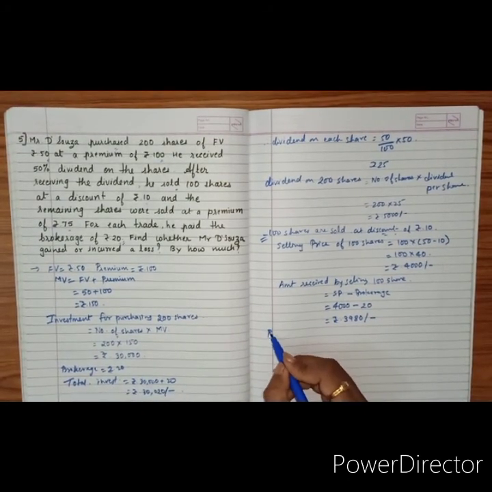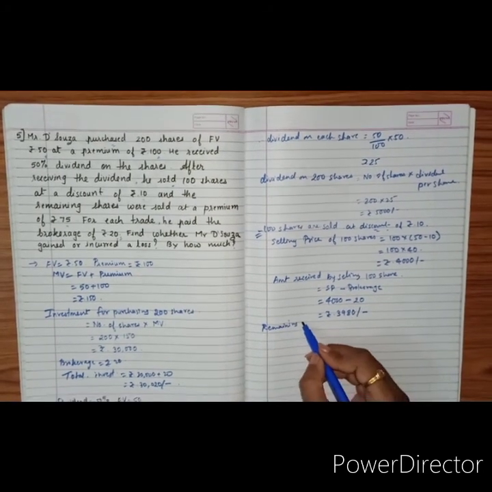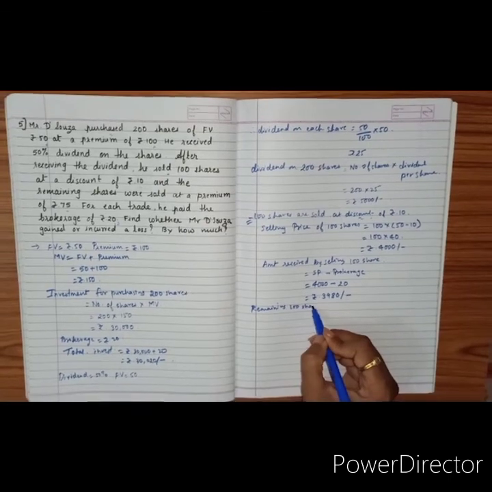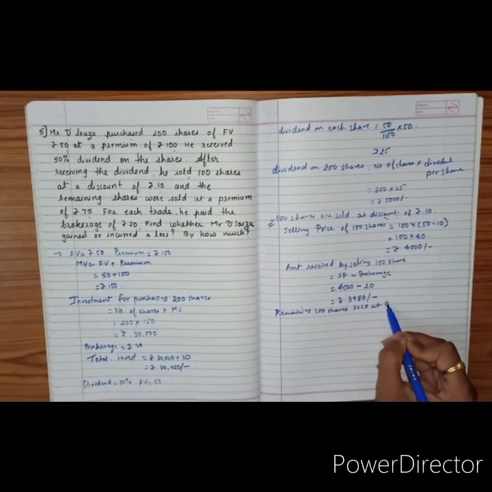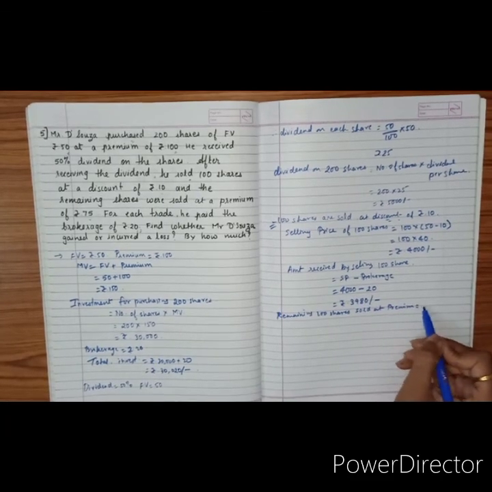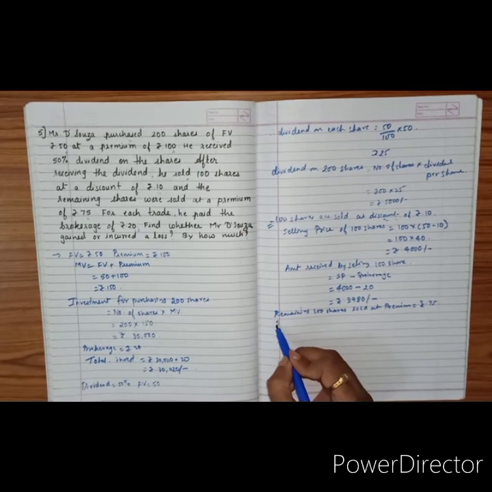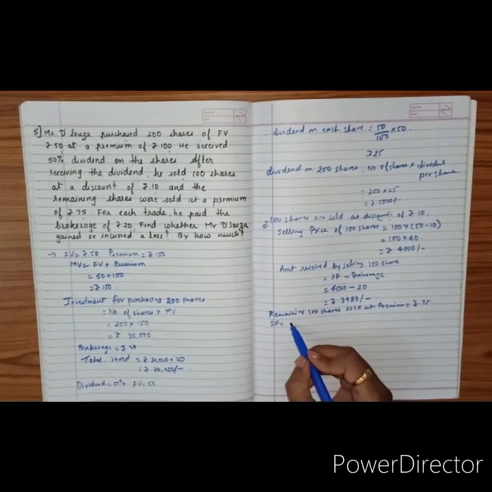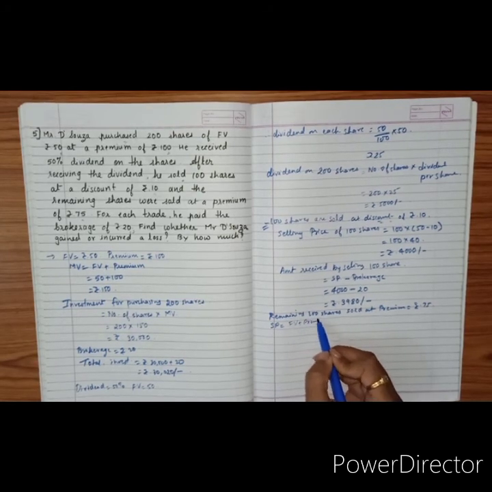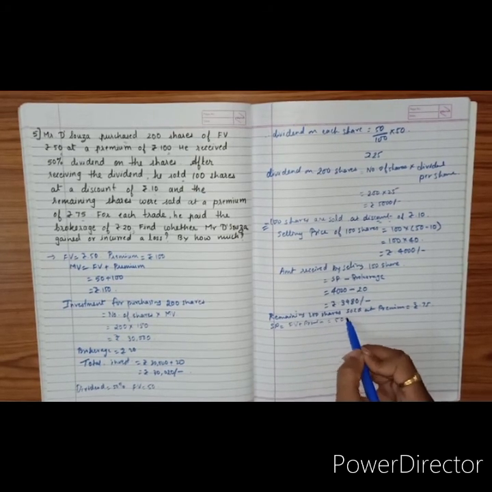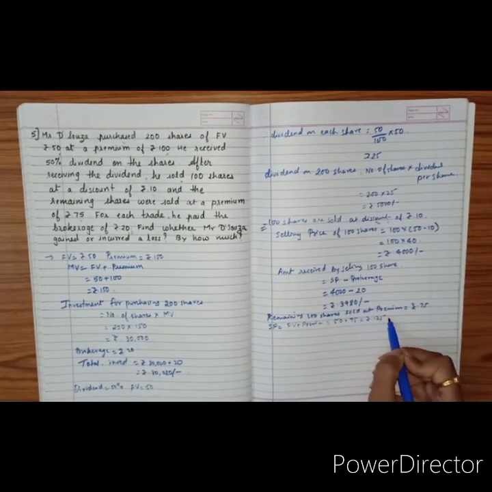So we'll write here, remaining 100 shares sold at a premium of rupees 75. So what will be the selling price? The selling price will be face value plus premium, that is 50 plus 75, that is rupees 125.